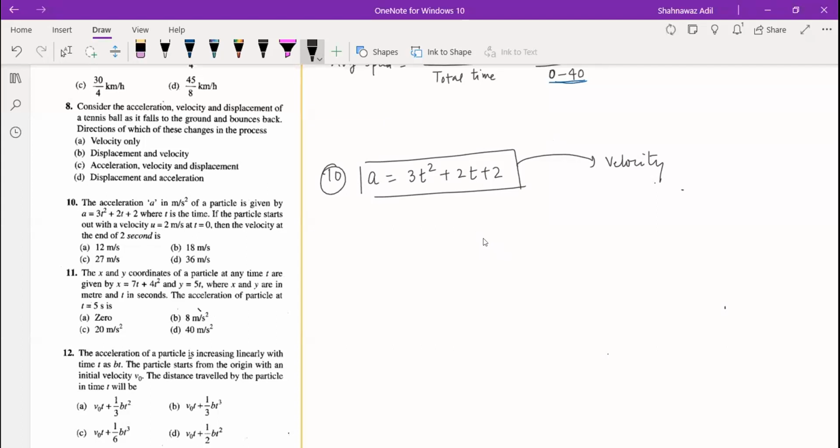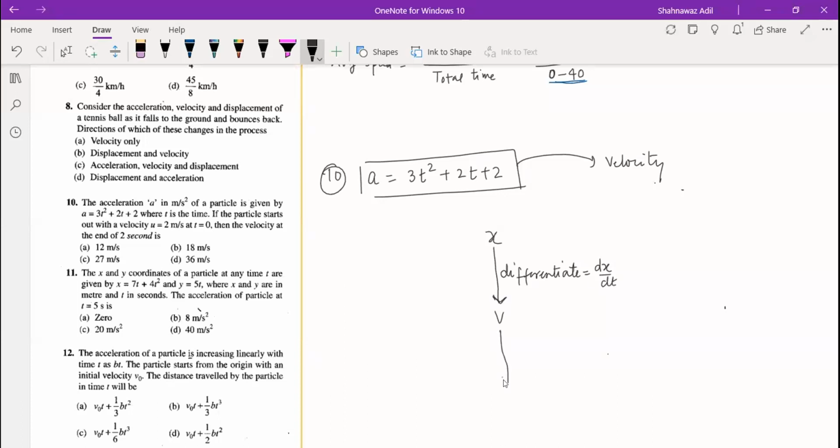You already know that if you have the distance, to reach the speed you differentiate: dx by dt in terms of t, and then you get v.